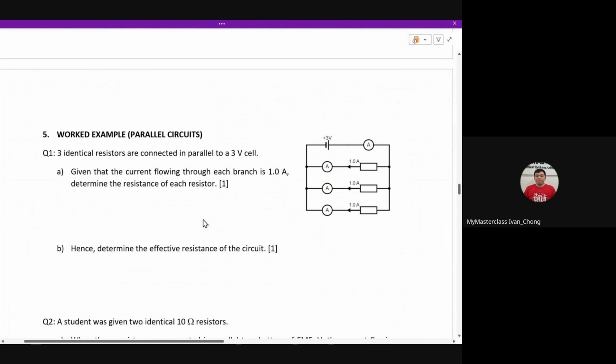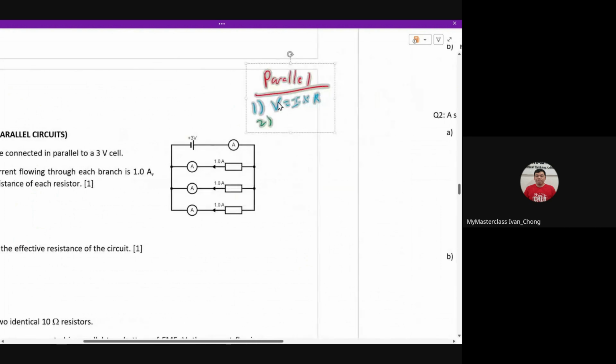So over here, same as what we did just now, whenever you see a parallel, first thing you want to do is, number one, V equals IR. That's why I told you that this formula, V equals IR, R is V over I, I is V over R, is your most important one. Then number 2, number 3, and so forth. I'm going to shift it slightly to the side so that we have space to show you.